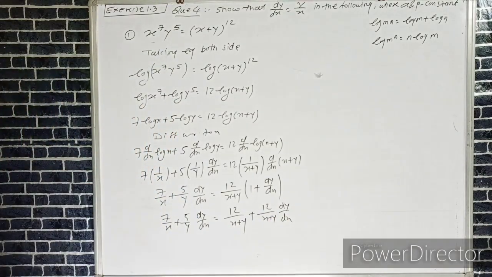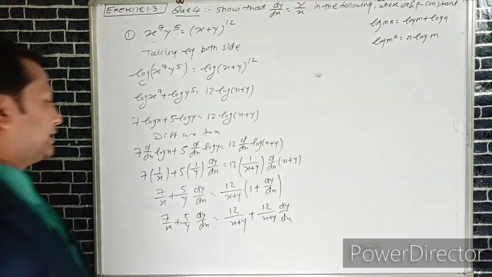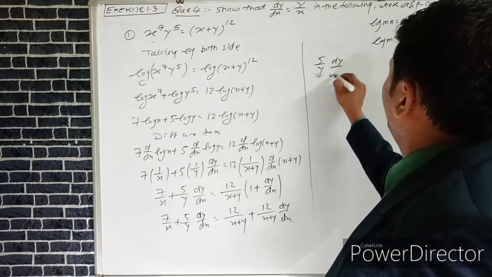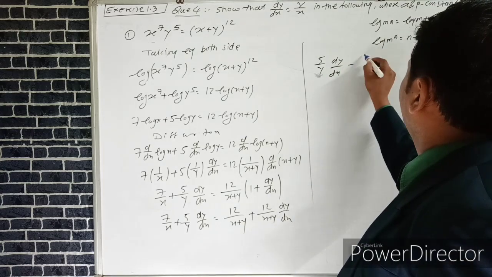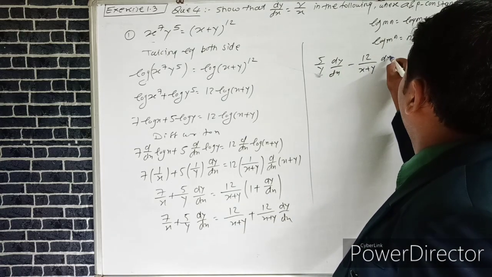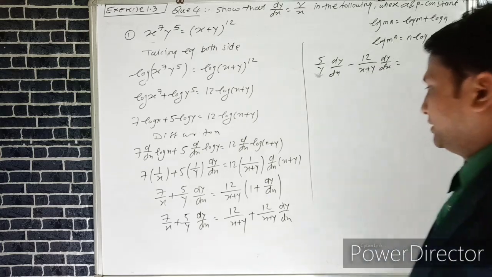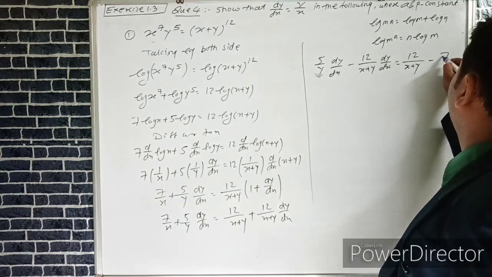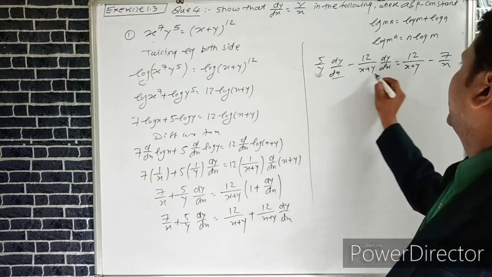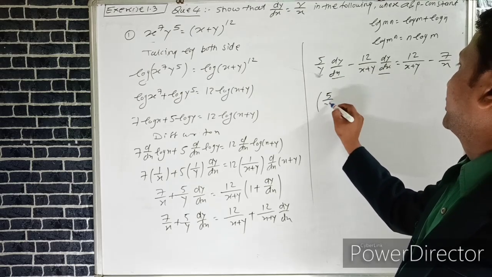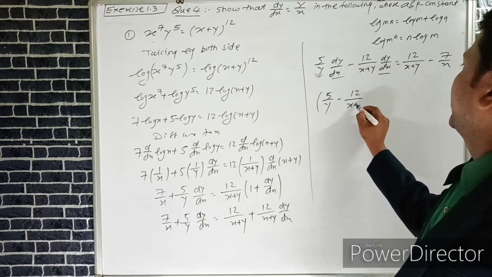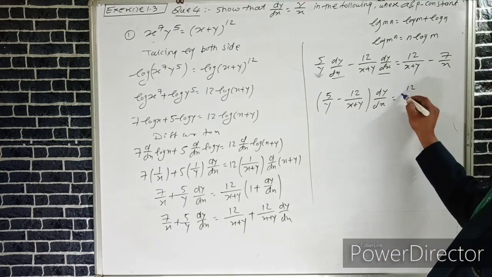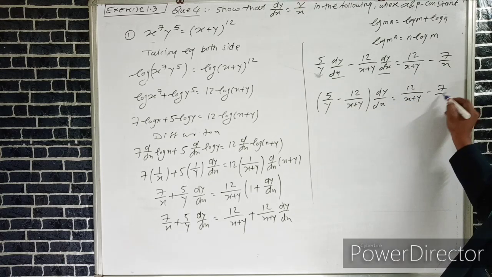If we take this whole term to the left side, then we can write 5 upon y dy upon dx minus 12 upon x plus y into dy by dx is equal to 12 upon x plus y minus 7 upon x. Here we take dy by dx common, we can write 5 upon y minus 12 upon x plus y into dy by dx is equal to 12 upon x plus y minus 7 upon x.